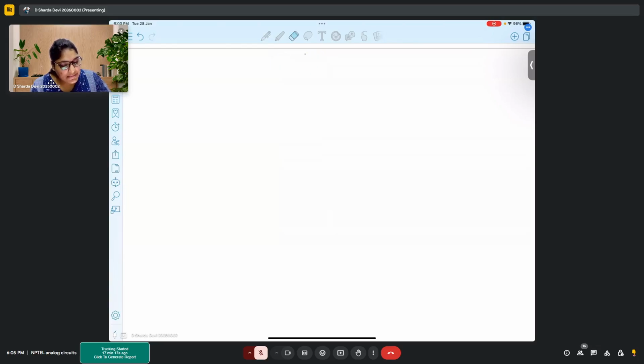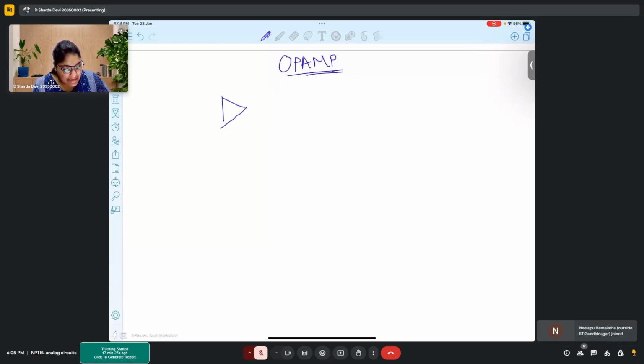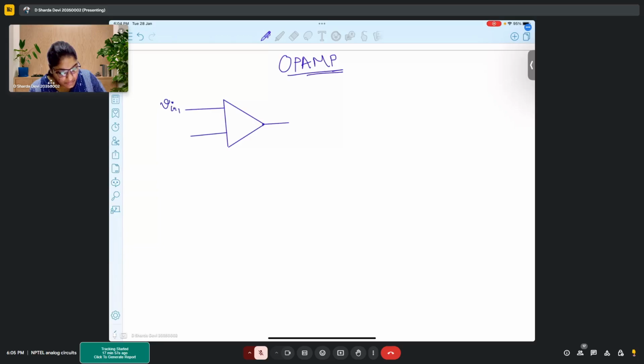So when we say op-amps, the full form of op-amp is operational amplifier, and we denote it with this triangular box, which has one output and two inputs. And this is op-amp.